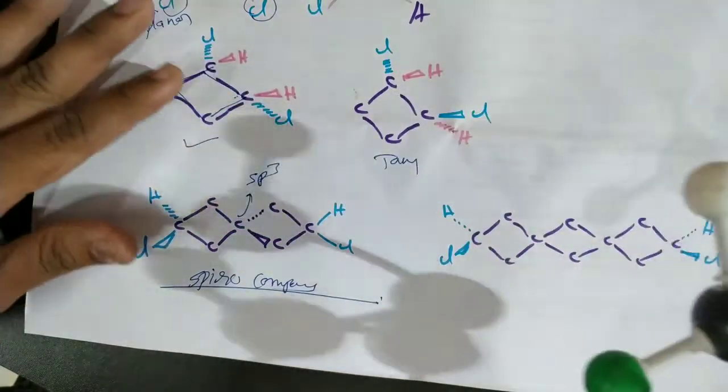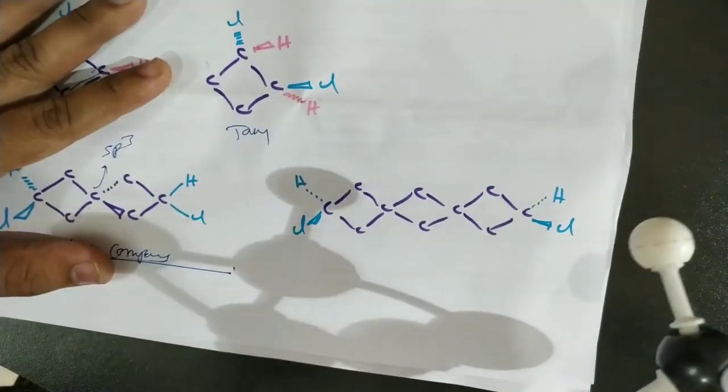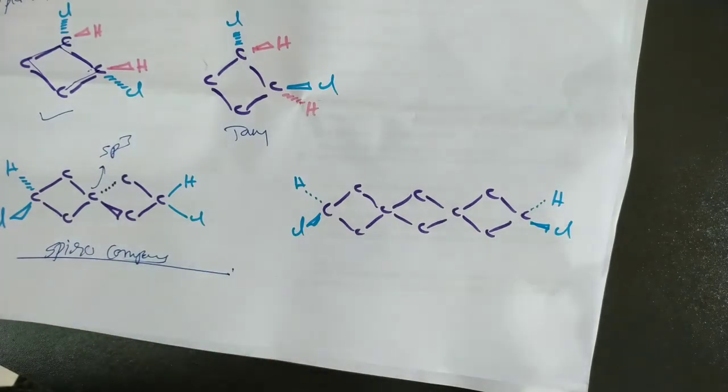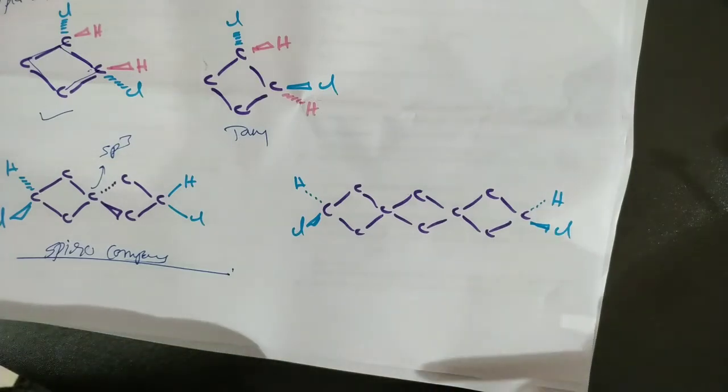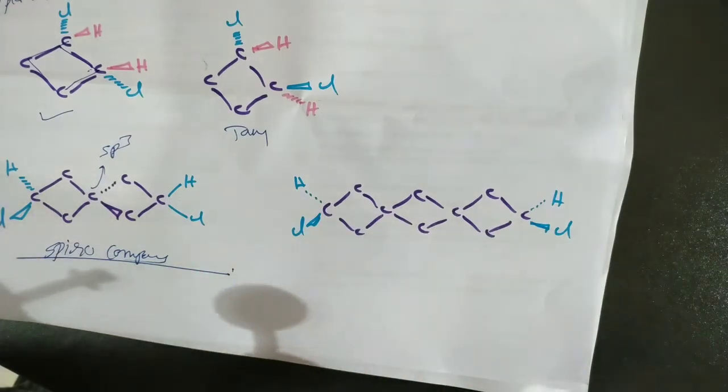Okay, now here one more cyclic ring is attached to the other cyclic ring. So in this case we can see geometrical isomerism. Okay, so just you can see here.